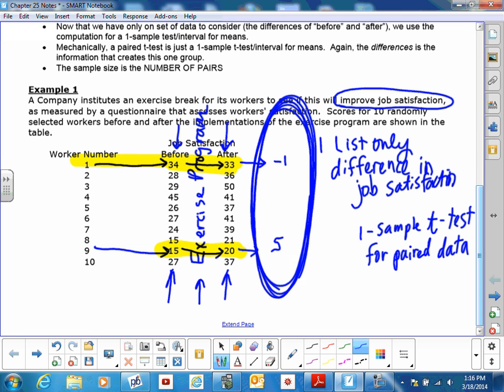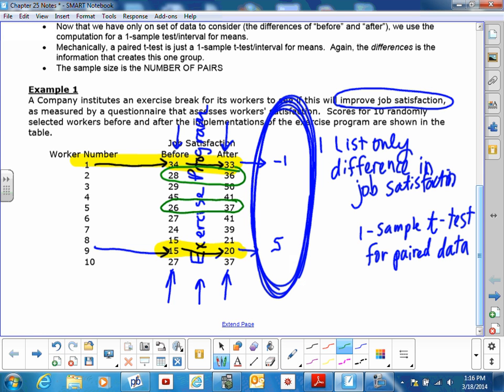They are completely related. So the way you talk about this is you don't say that this before group is independent of the after group. You do not say the before is different from the after. You say each pair, so this pair is independent of all of the other pairs.